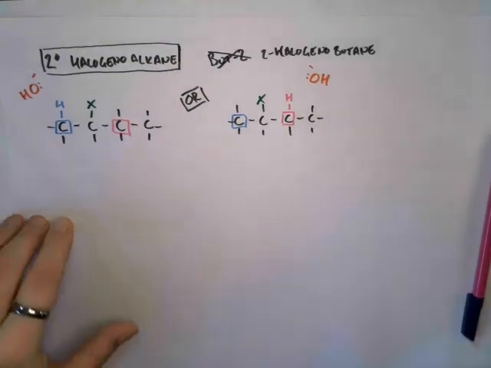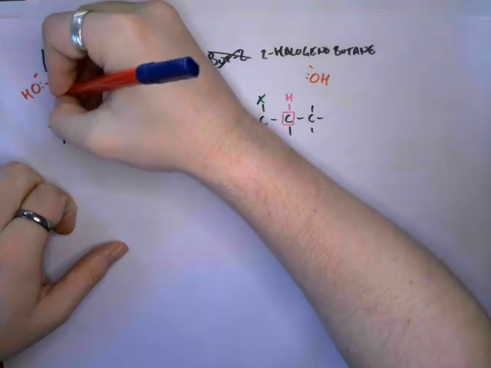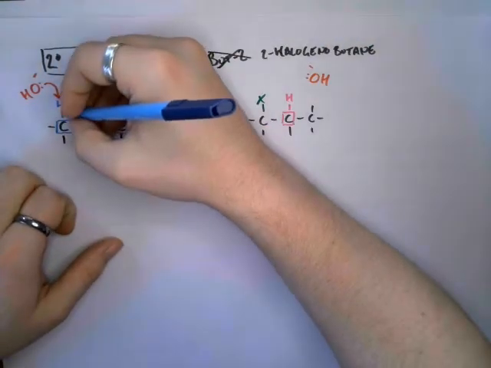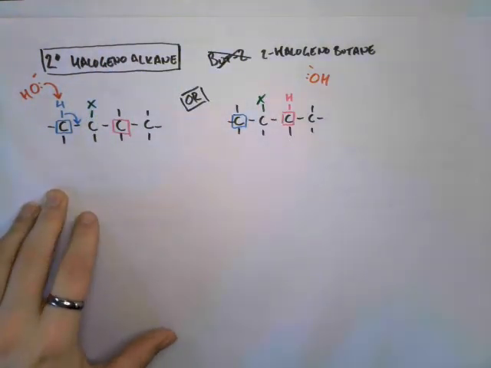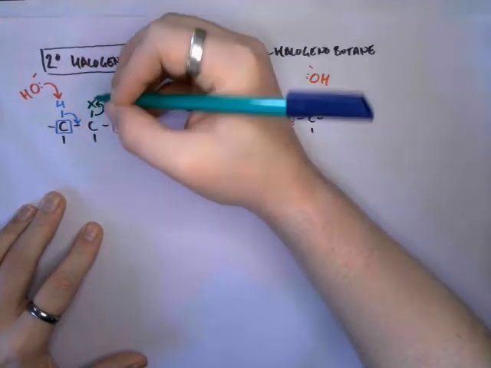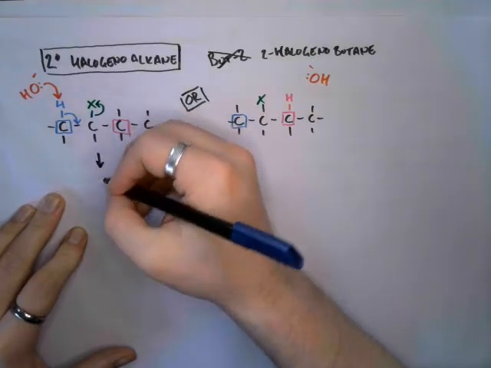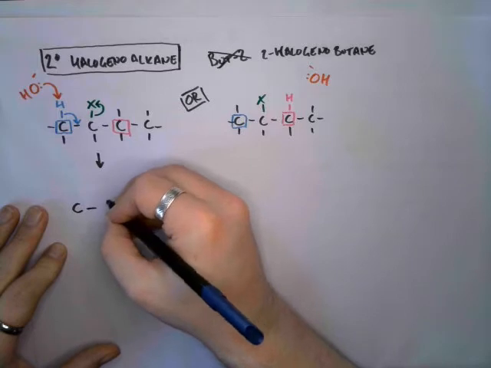What we're going to have, the hydroxide, it's going to act as a base, it's going to attack the hydrogen on that neighbouring carbon. The electrons from the carbon to hydrogen bond are going to fall back into that carbon to carbon bond, and this is going to repel the electrons in the carbon to halogen bond up to there. And so you're going to have that carbon there, that bond, that carbon there.